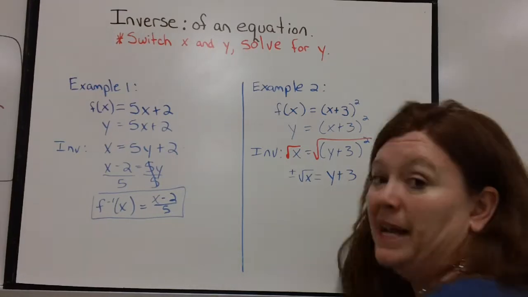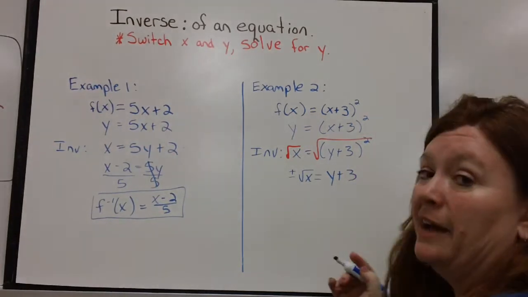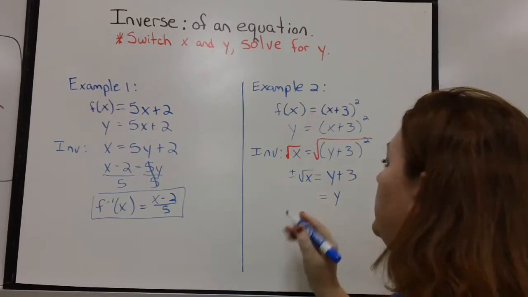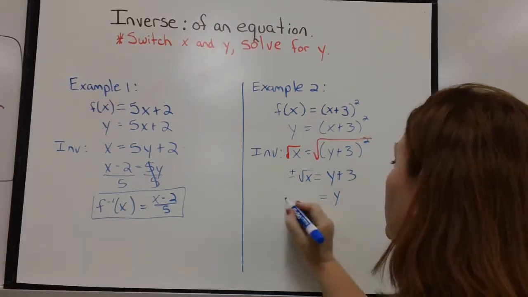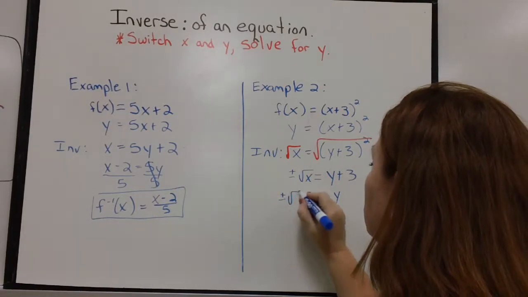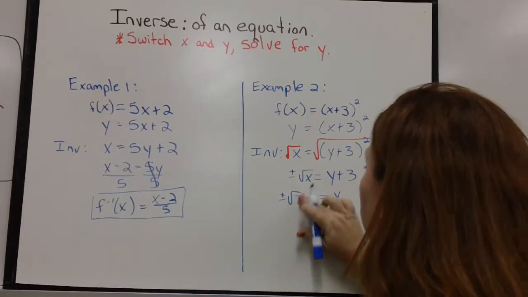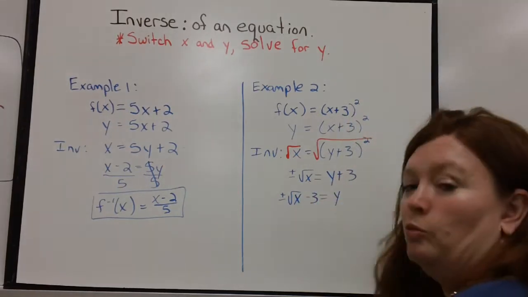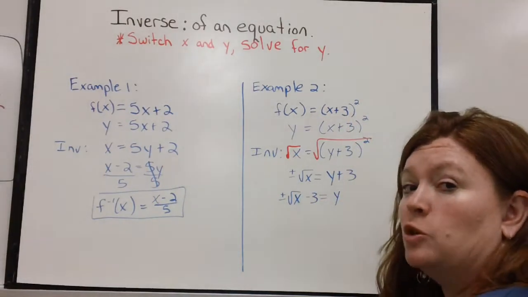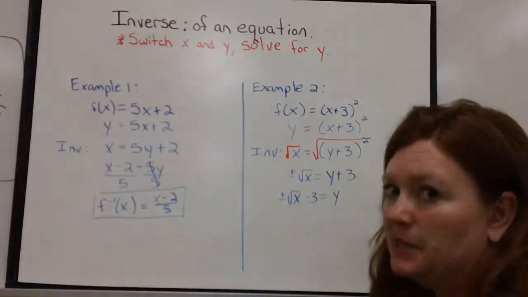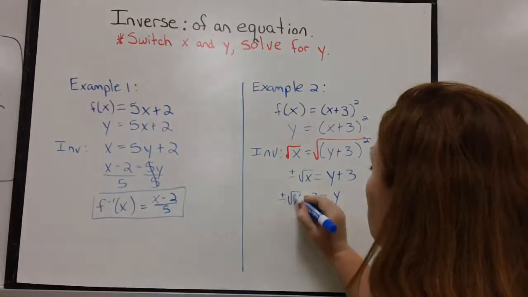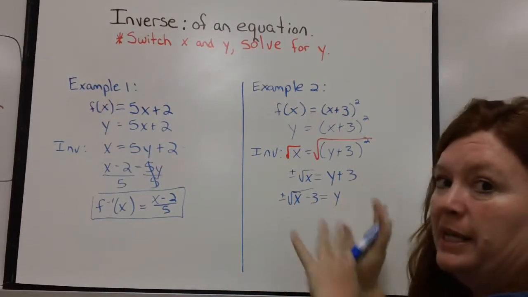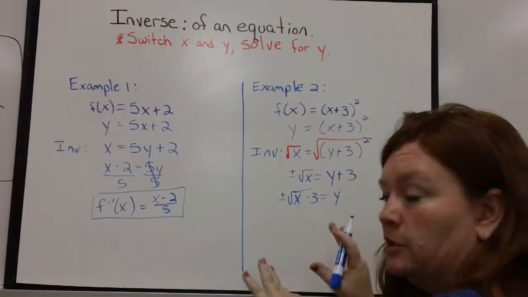Now, what's my next step? To solve for y, I have to subtract 3. Be very careful. Whoops, that should have been an x. This is not really the most appropriate way to write this, because sometimes we get a little lazy and we draw our square root symbol and we fling it off and we're not sure if the 3 is under the square root or not under the square root.